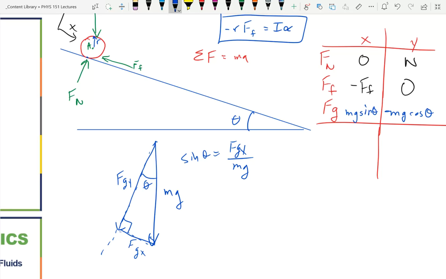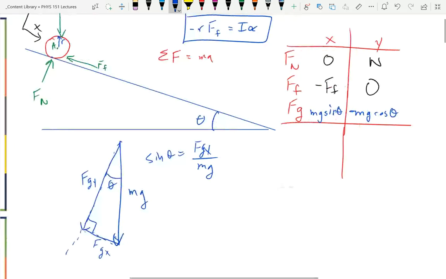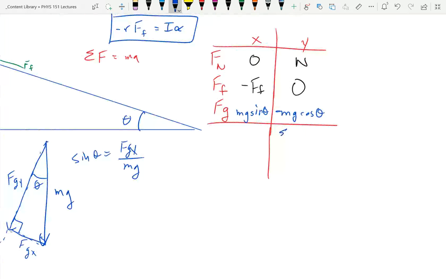Which column do you want to sum? Both of them. Okay, I'm going to do y first. What's the acceleration in the y direction? 0. That's why we chose our orientation. And so that gives me n minus mg cosine theta equals 0, or n equals mg cosine theta.